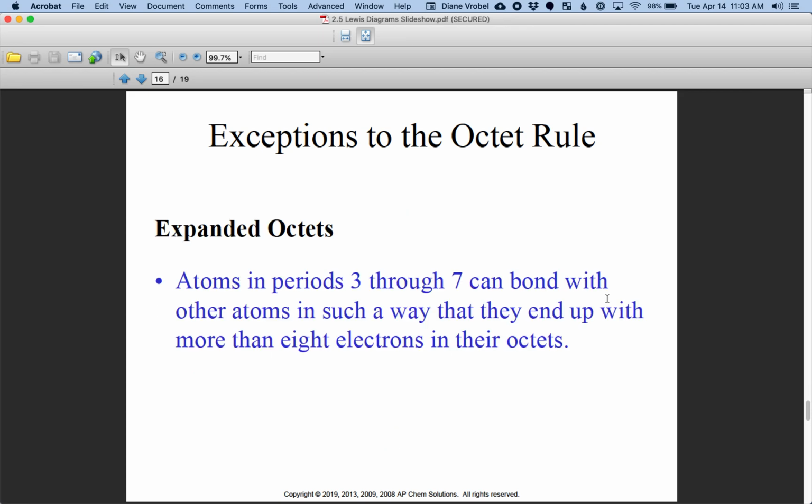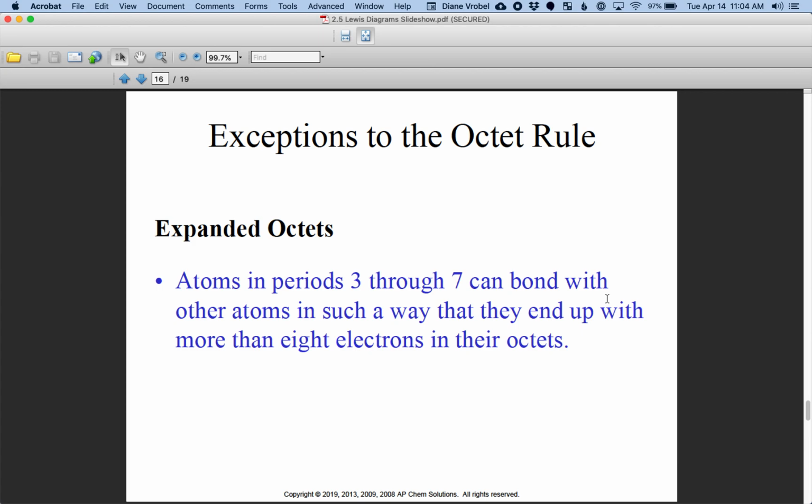Okay, now you could have the opposite problem where you have lots of extra electrons. And the amazing thing is, if you look at rows 3 through 7, so periods 3 through 7, you will find atoms that are able to exceed their octets. And the reason why is they have access to d orbitals.